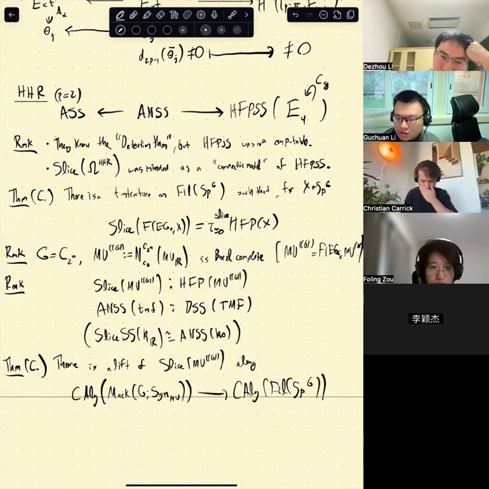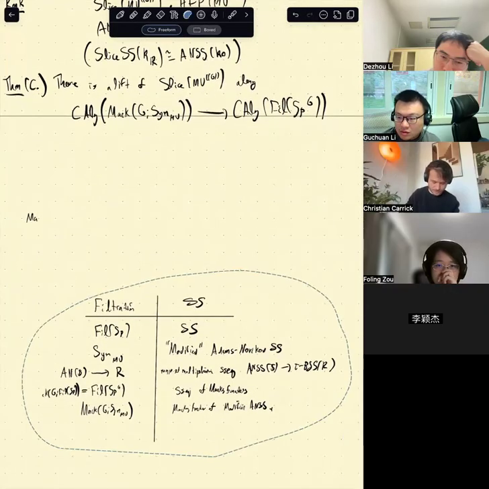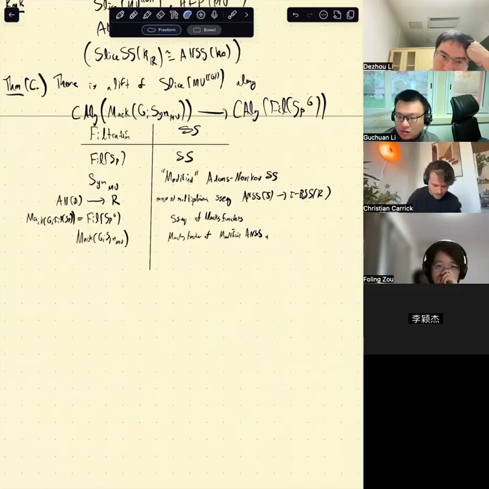Okay, so I want to unpack what I've just written now, and I have this table here to help make sense of this a bit.